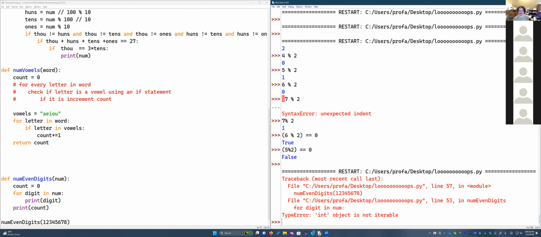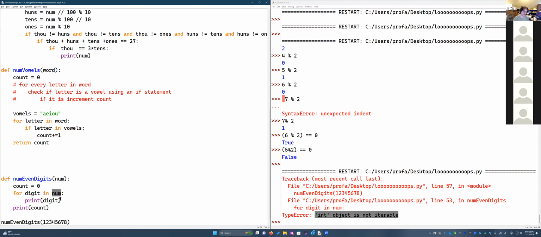Unfortunately, we get an error on that line. See, the errors are actually helpful. It tells you, hey, in line 57, that function on line 53, we got this error. You can't iterate over a number. Because that would be ambiguous. Do you want the range or do you want to go through each digit?